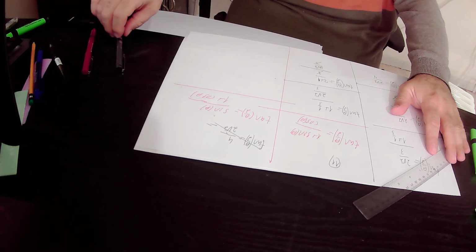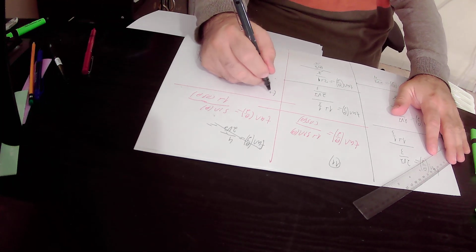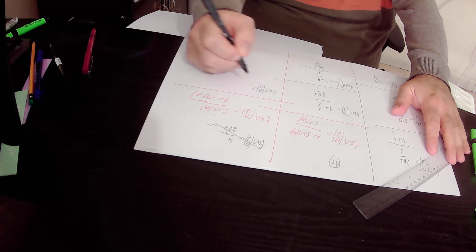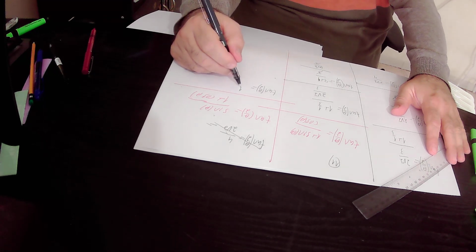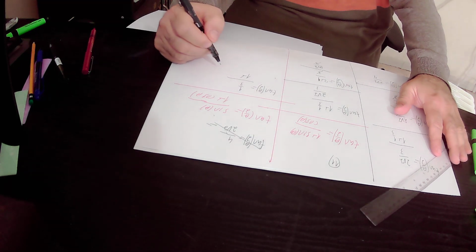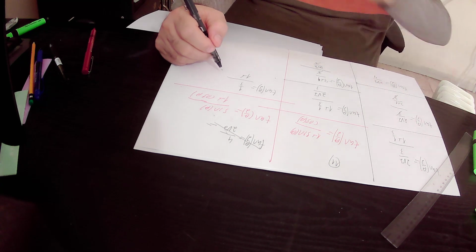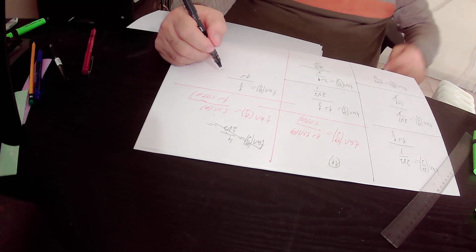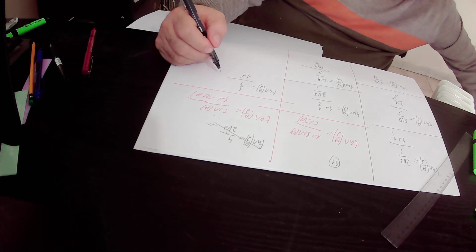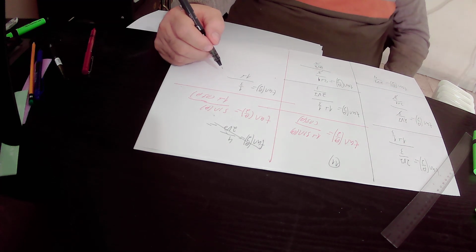So tangent theta over 2 will be equal to sine theta, which is 1 over 3, over 1 plus cosine theta, and we already found out that cosine theta is equal to 2 times square root of 2 over 3.